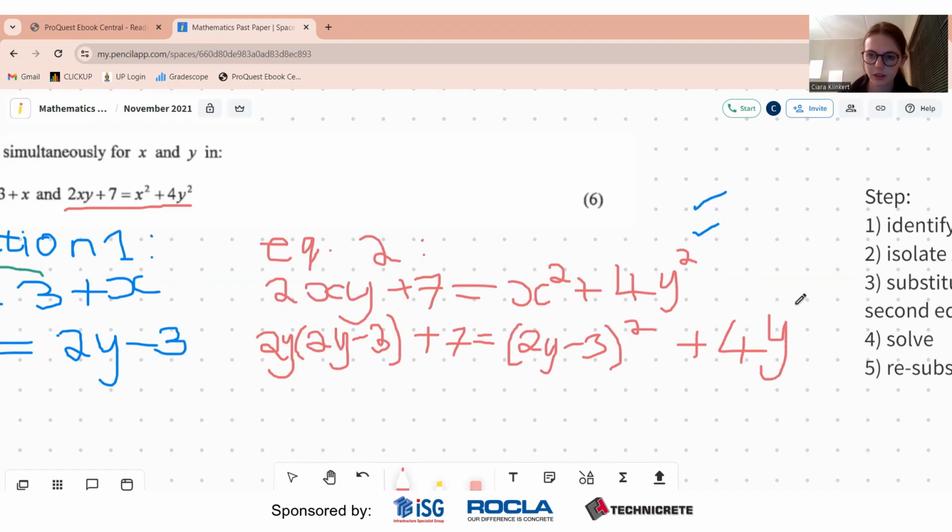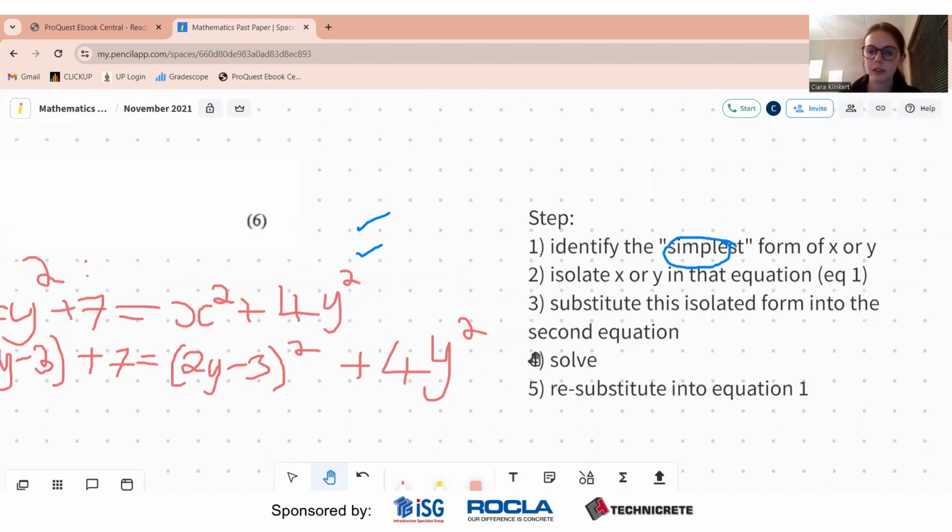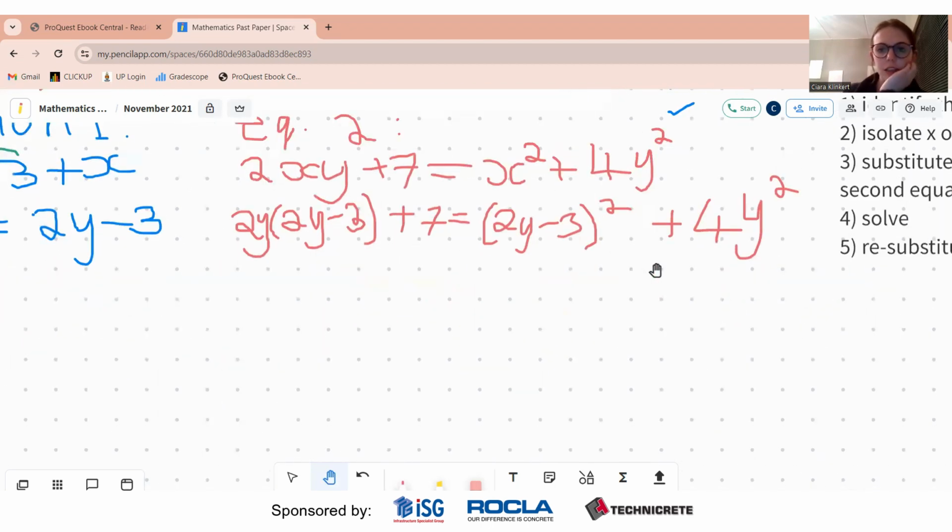Excellent. Now I need to solve and simplify. I've done the third step, which is to substitute this isolated form into the second equation. Now I need to simplify. So I will distribute the 2y into this bracket.